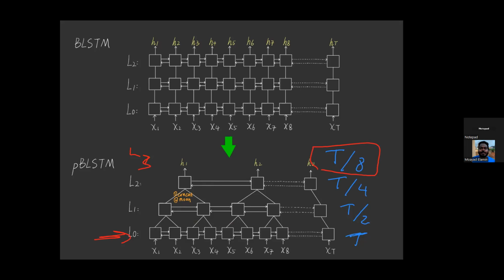So how do you deal with the combined input? We said that we're going to have an x1 and an x2. One thing that you can do is just concatenate them together, or you can get the mean of them.